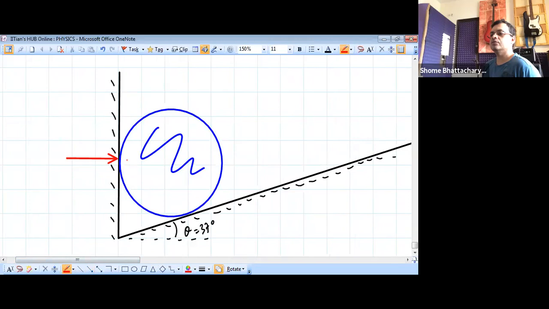So if you continue this further, in a very proper diagram, it should actually pass through the center. Let me see if I can make that happen. So this force vector actually acts along a line which, when extended over here, passes through the center of the sphere.